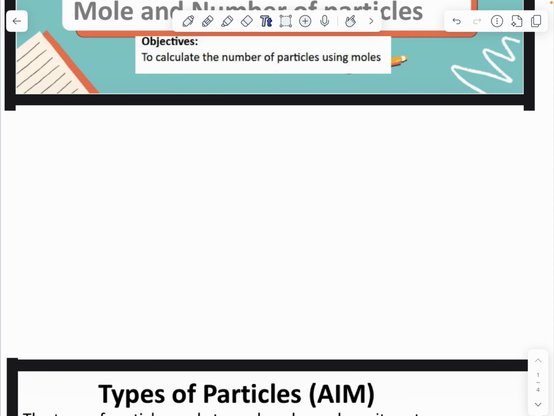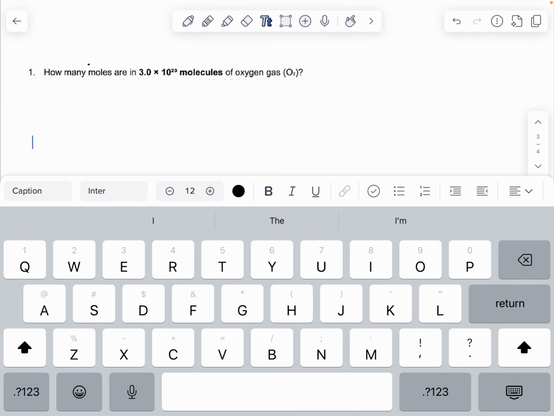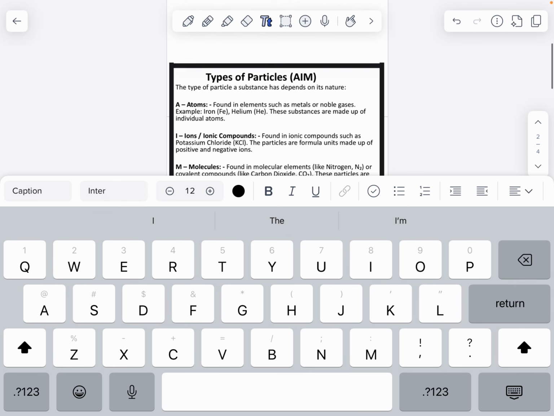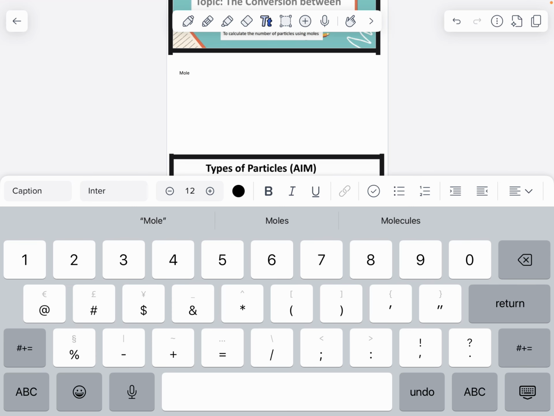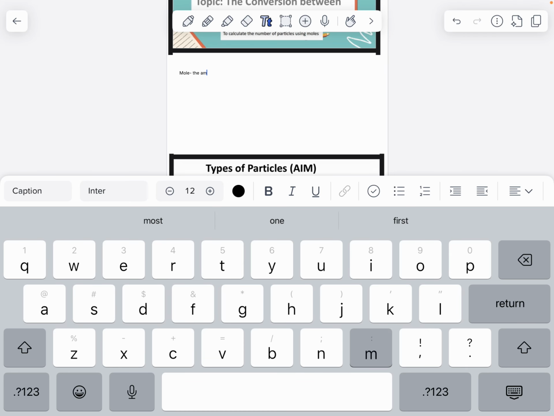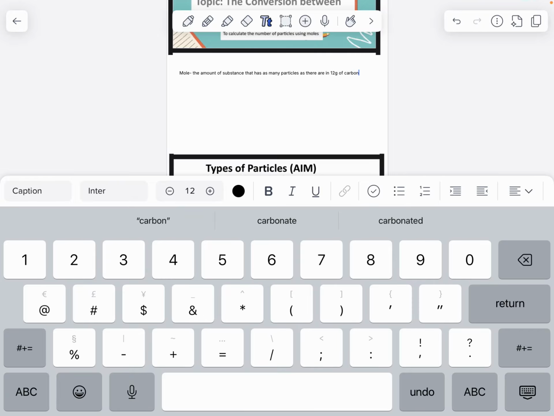We started looking at what the mole is, and we said that the mole is defined as the amount of substance that has as many particles as there are in 12 grams of carbon 12.